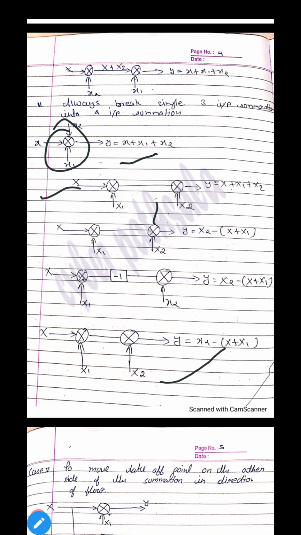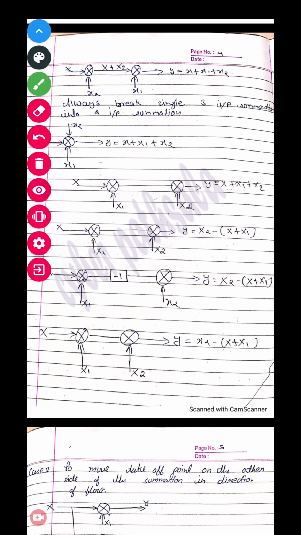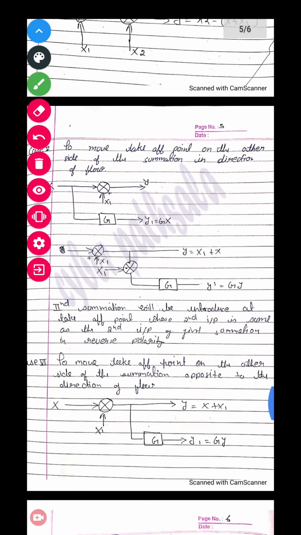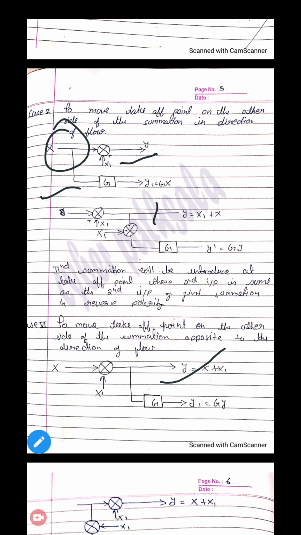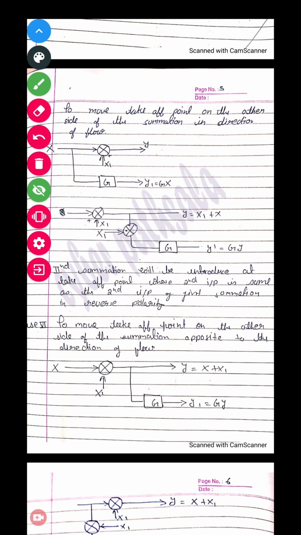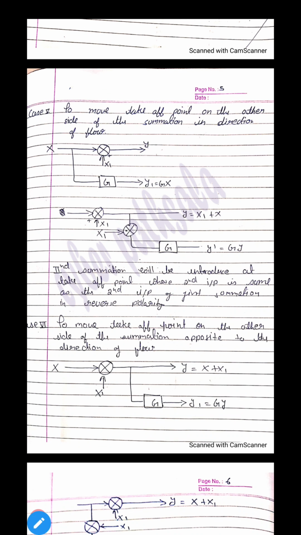Moving towards case 5. We rarely do this thing, where we move a takeoff point to the opposite of the summer or in the direction of flow. In block diagram reduction techniques we don't do this because it will make the block diagram complex.